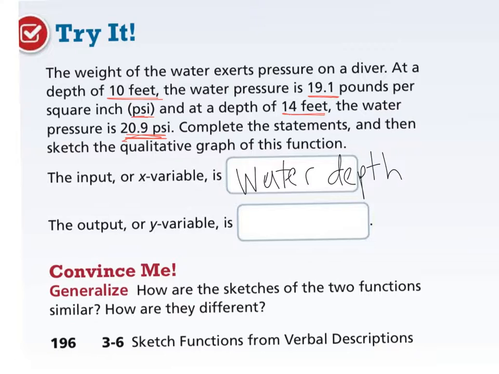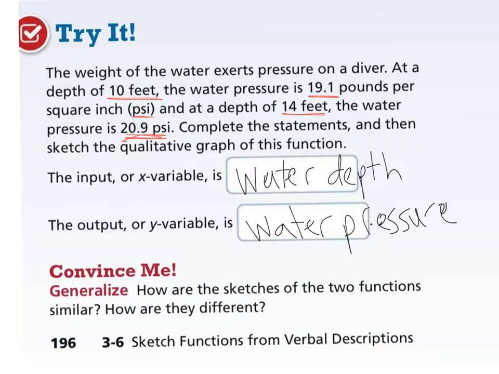Obviously they go together, but we don't want to get beyond a certain water pressure. So we'll make the y variable, or the output, the water pressure. We make that our y-axis, then we can see how that water pressure is changing on our graph.